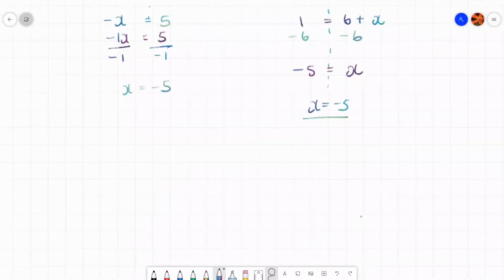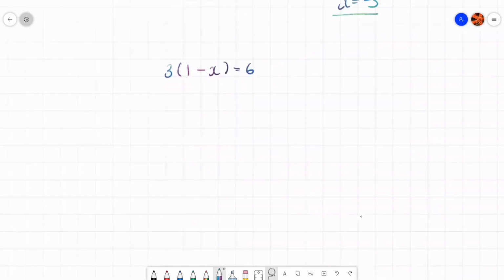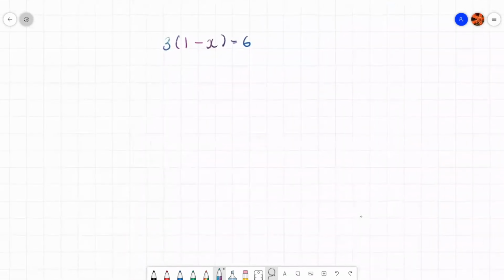Okay, let's do one with a bracket then. 3 times 1 take x equals 6. Okay. Draw your line down the middle. The first thing you have to do is expand your bracket. So 3 times 1 is 3, and 3 times minus x is minus 3x equals 6. Let's just write that bit properly, yeah?